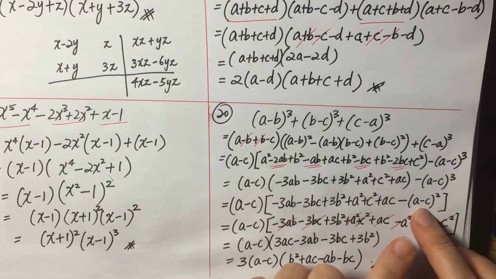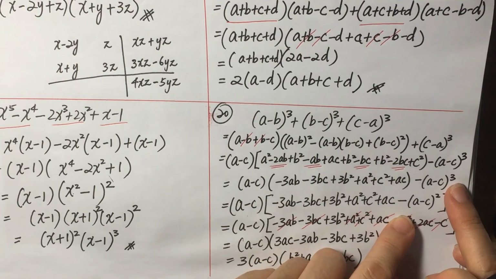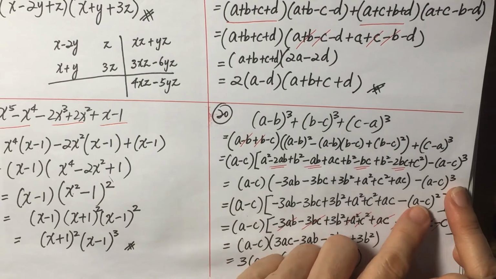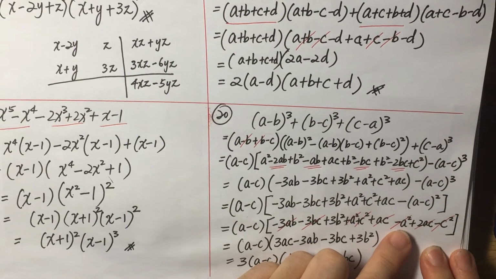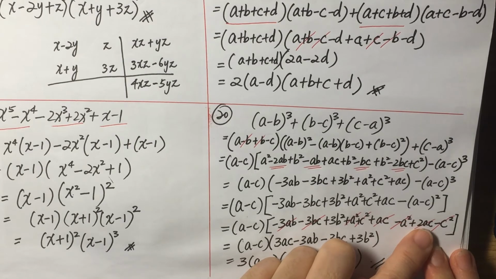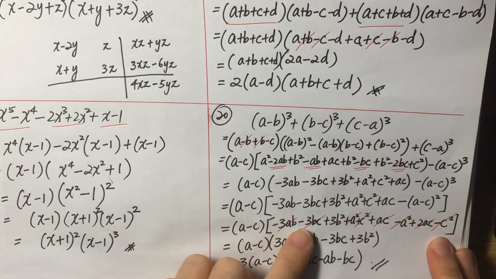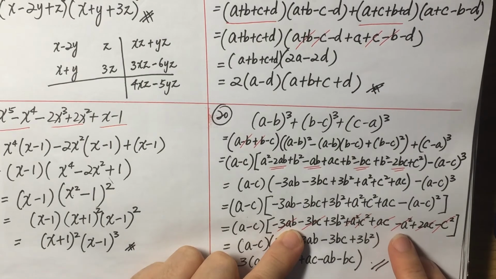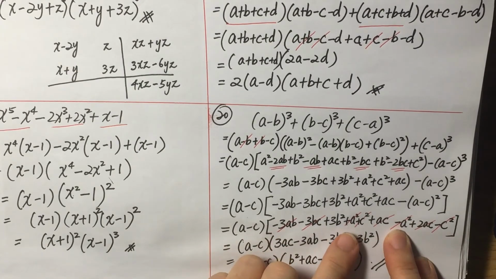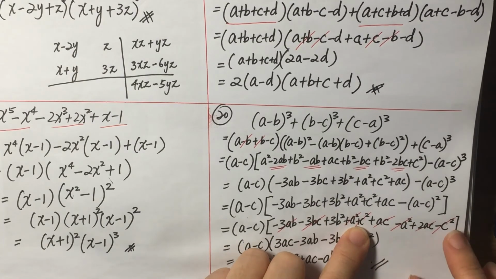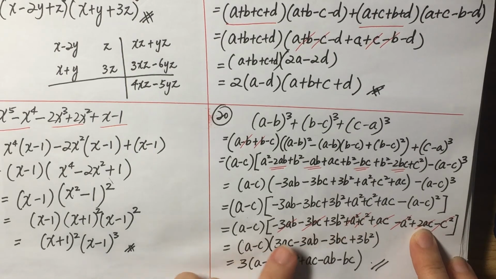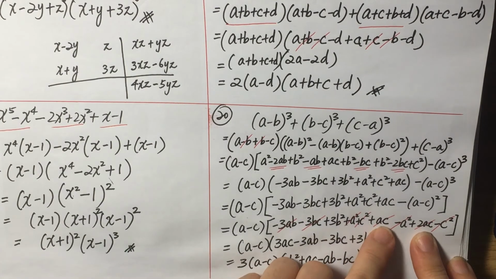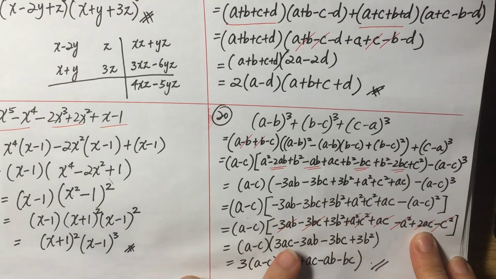So when a minus c is taken out, we copy the whole thing, and then minus away this one. There are 3 factors here. One is taken out, so there are 2 more, and these 2 more we expand out. You will get negative a squared plus 2ac minus c squared. So now we simplify again. So we have minus a squared cancel with this a squared, c squared cancel with this c squared, and then ac we can combine with this ac becomes 3ac.